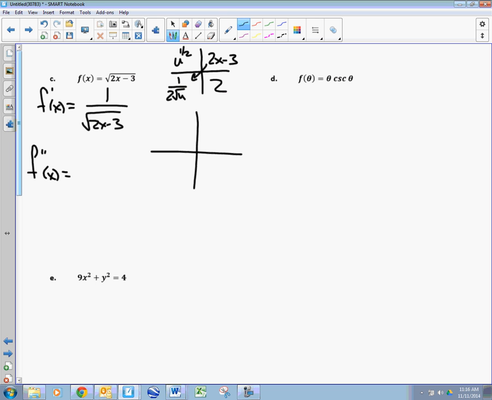Okay. All right. So the inside is 2x minus 3, and the outside, you already said, is u to the negative 1/2 this time. Derivative of 2x minus 3 is 2, and derivative of u to the negative 1/2 is negative 1/2 u to the negative 3/2. So if you multiply those, the 1/2 goes away.